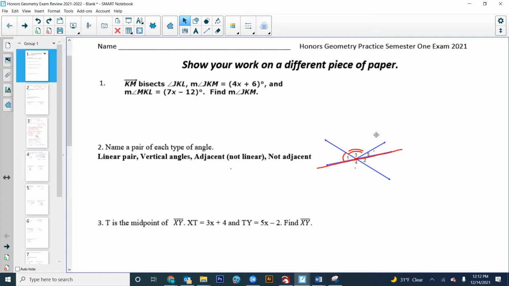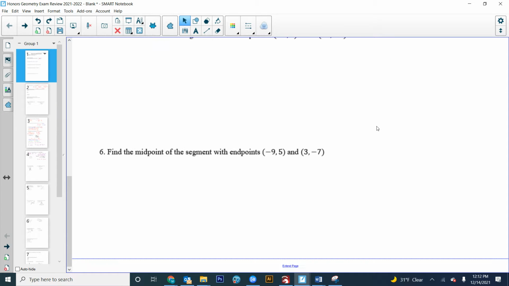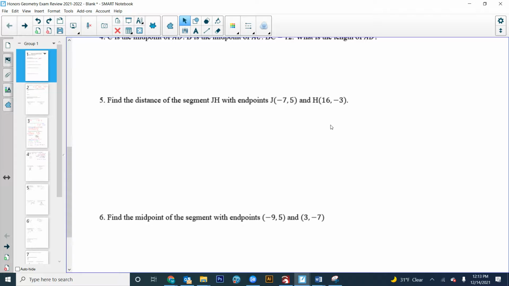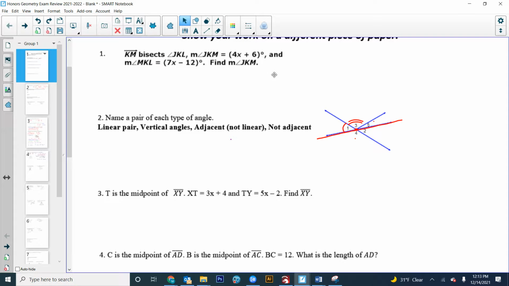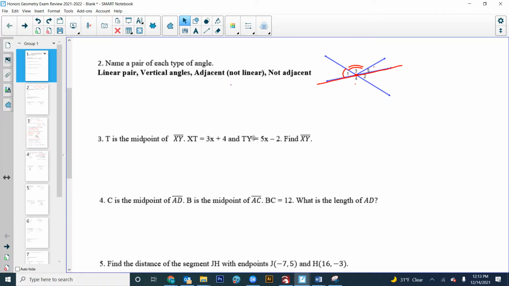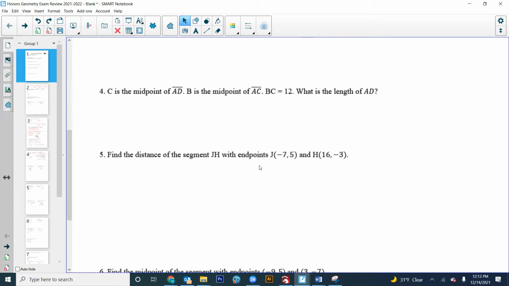All right. So as we go through this, I screen captured them slide by slide. I have 1 through 6 on the first slide. Does anybody have questions on 1 through 6 they'd like to discuss or ask about? Adjacent angles, linear pairs, drawing out segments, segment addition postulate, midpoints.